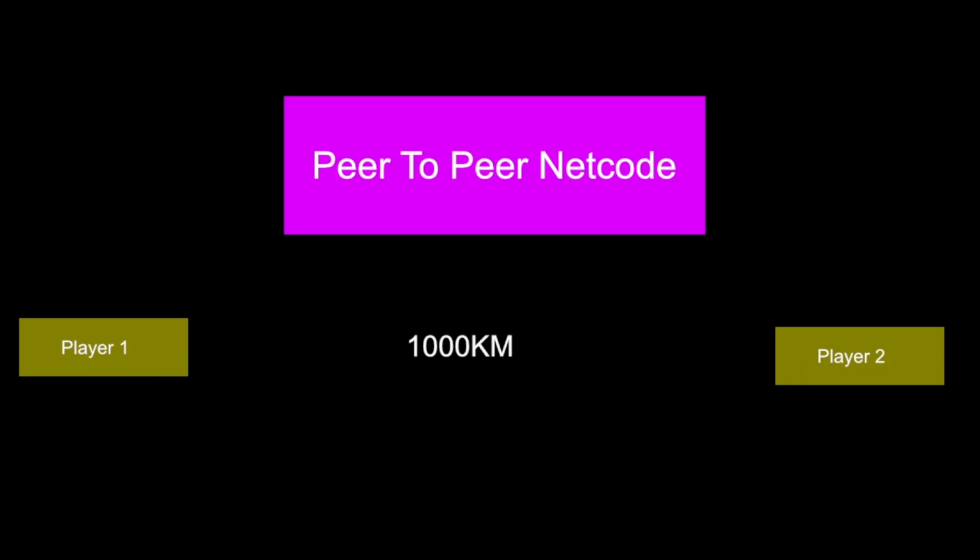But if the game allows it, like let's say a fighting game or a 1v1 strategy game, peer-to-peer is always better, because the distance in between player 1 and 2 is so short that adding in a server would actually introduce latency into the system.